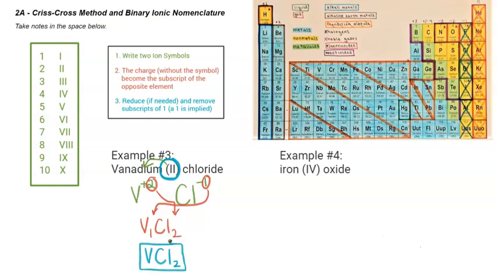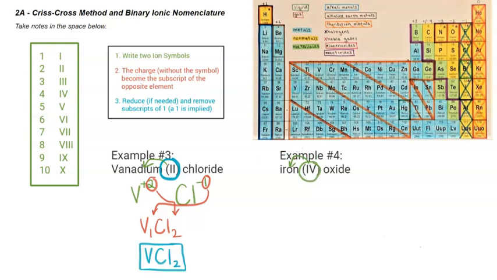We have one more example here. Our next example is iron oxide. And when we read these, we read them with the charges, but I'm going through slowly just to show you how to figure out what the charge is. So in example 3, we would have read this off vanadium 2 chloride. And in example 4, this is a Roman numeral telling us the charge of the iron.